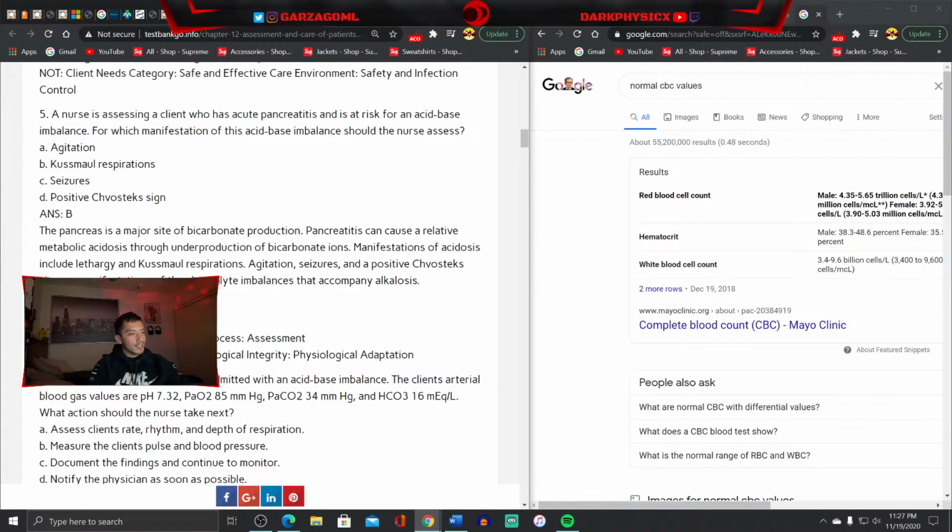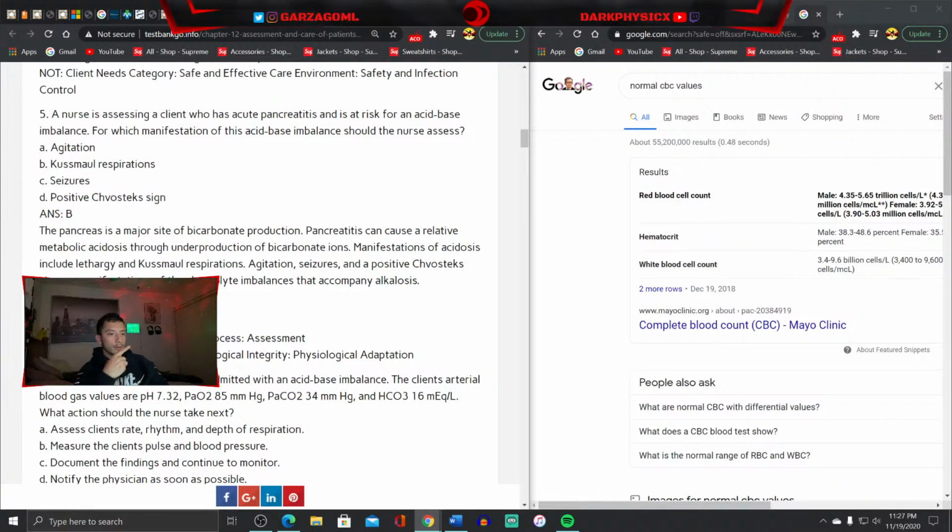Okay. Number 6. The nurse assesses a client who is admitted with an acid-base imbalance. The ABGs are pH of 7.32. That's acidic. PaO2 of 85 means still good. CO2 is 34. Normal CO2 is 35 to 45, so this is low, slightly basic.